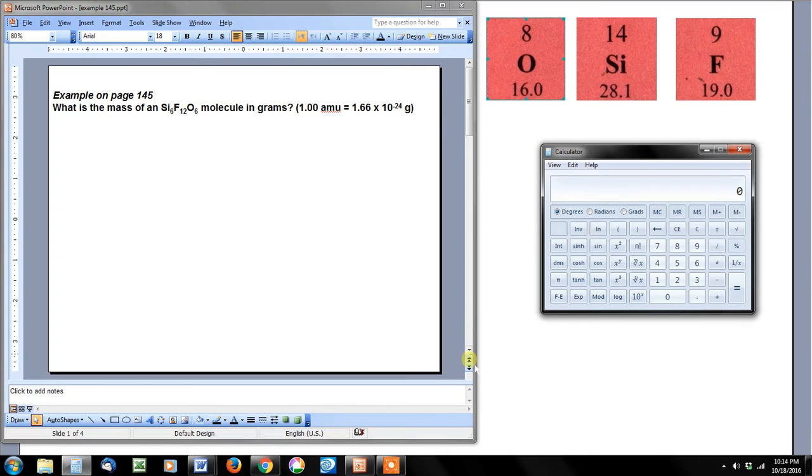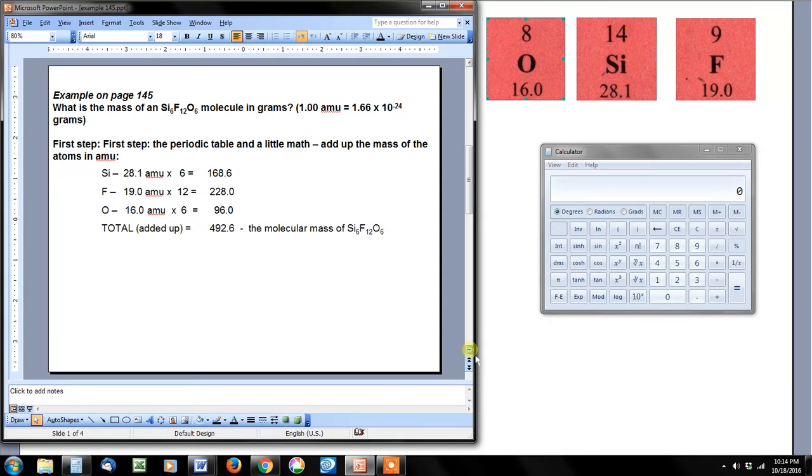So we'll do that just the same way we did today in class. First step, we look at the periodic table. We see that one atom of silicon has an atomic mass of 28.1, but we have 6 atoms of silicon, so we do 28.1 AMU times 6 to get 168.6.